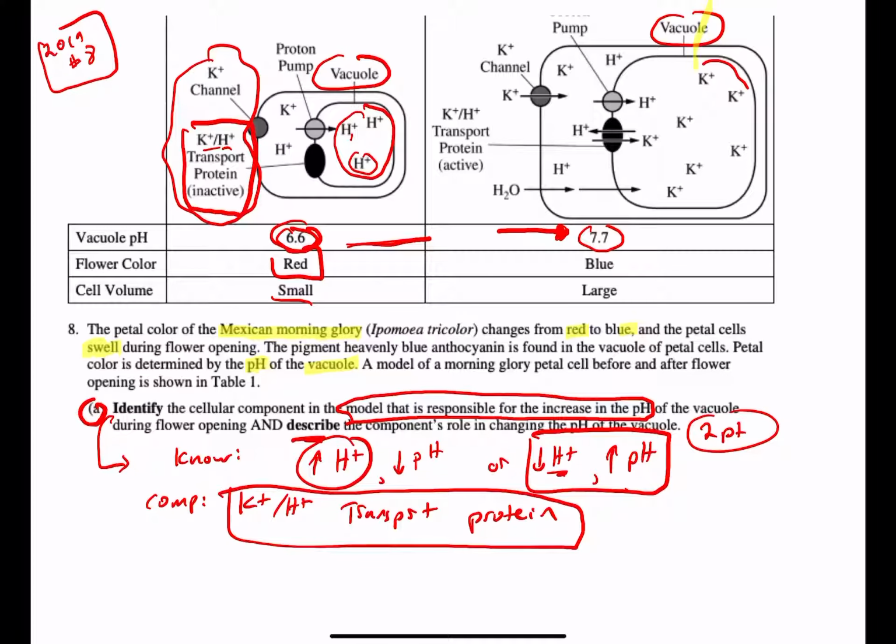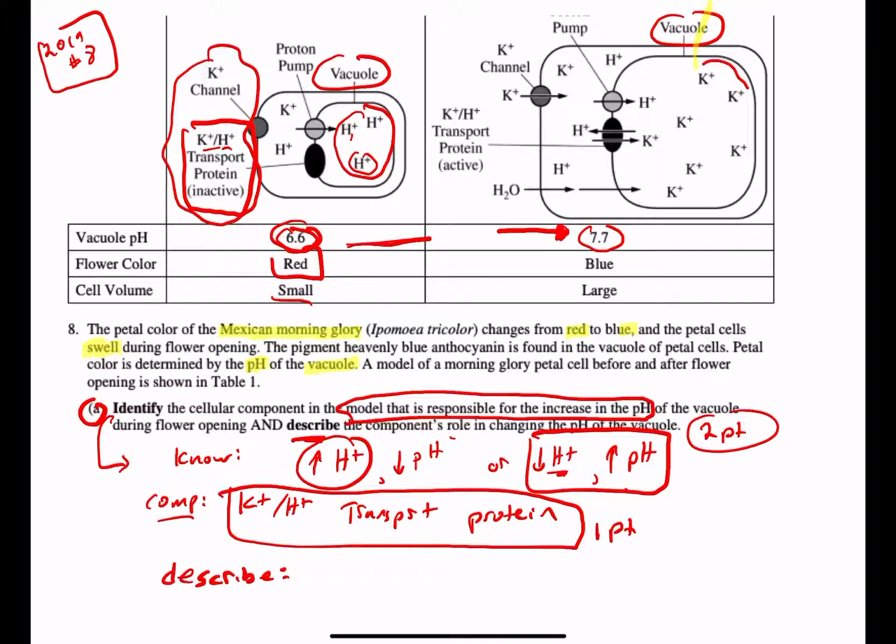So that's what you had to state. According to the rubric that I have in front of me, that's the identification. If you say that, that's going to get you 1 point. The second part is to describe the component's role in changing the pH of the vacuole. Basically, it wants you to explain what happens to the pH.